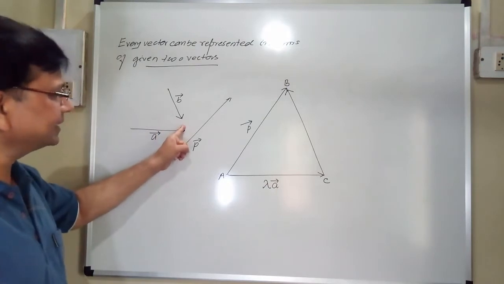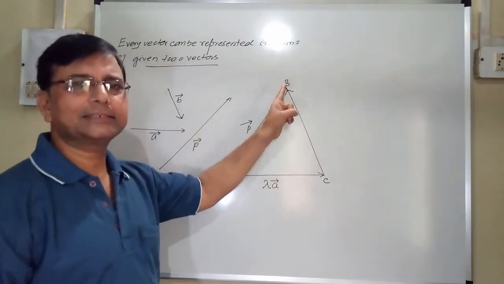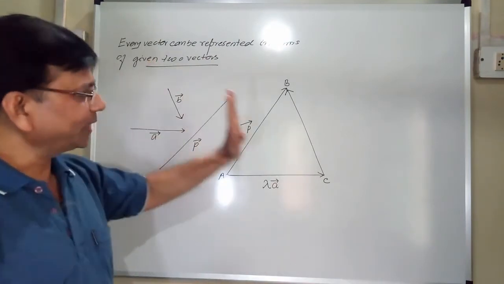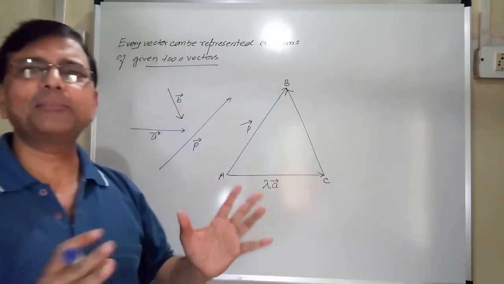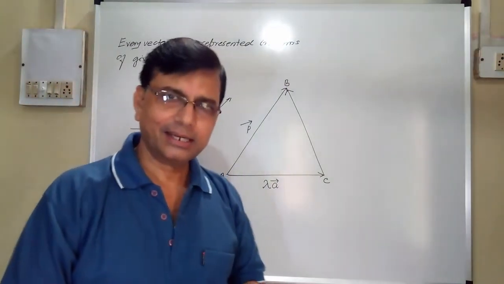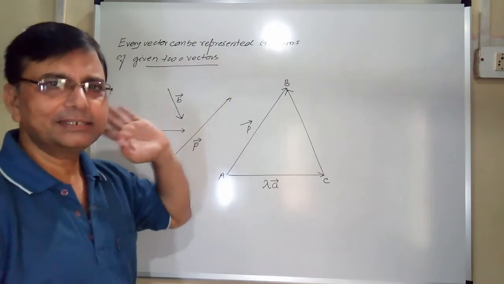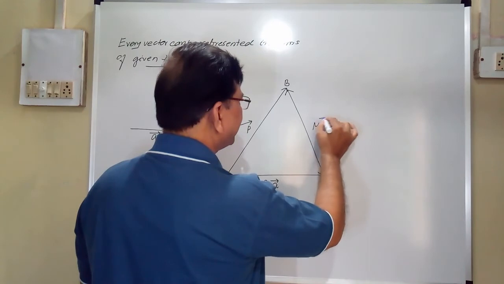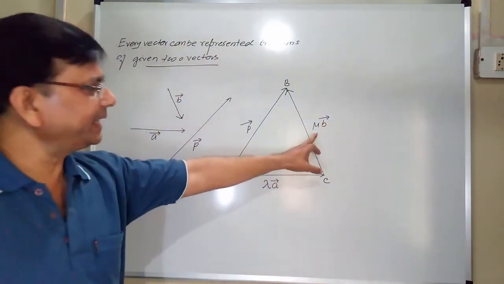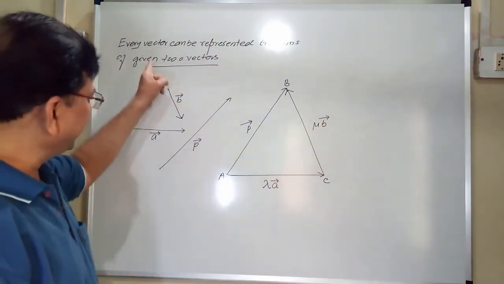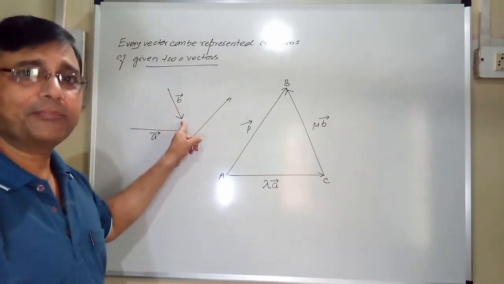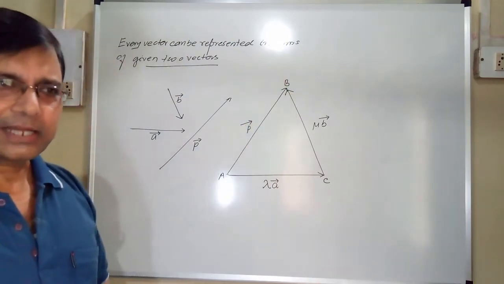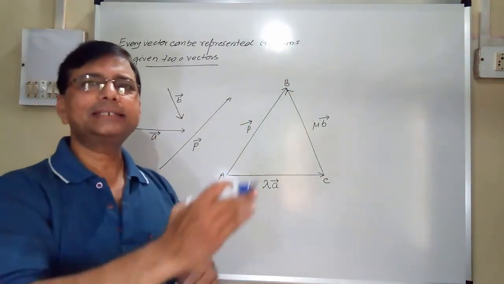Here the direction is this. I have taken this direction. It is immaterial. The direction has been changed. So what will happen? Here the scalar multiple will be a negative quantity, isn't it? Because the direction has been changed. So this can be written as mu B. Here mu will be negative. Why? The direction is this, that of B, and I have taken the reverse direction. The reverse means only the sign changes.